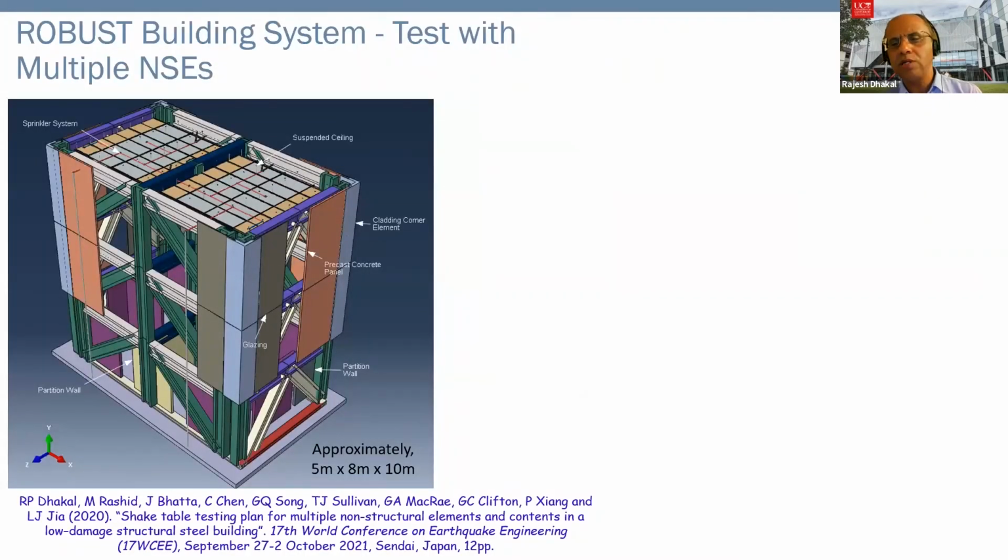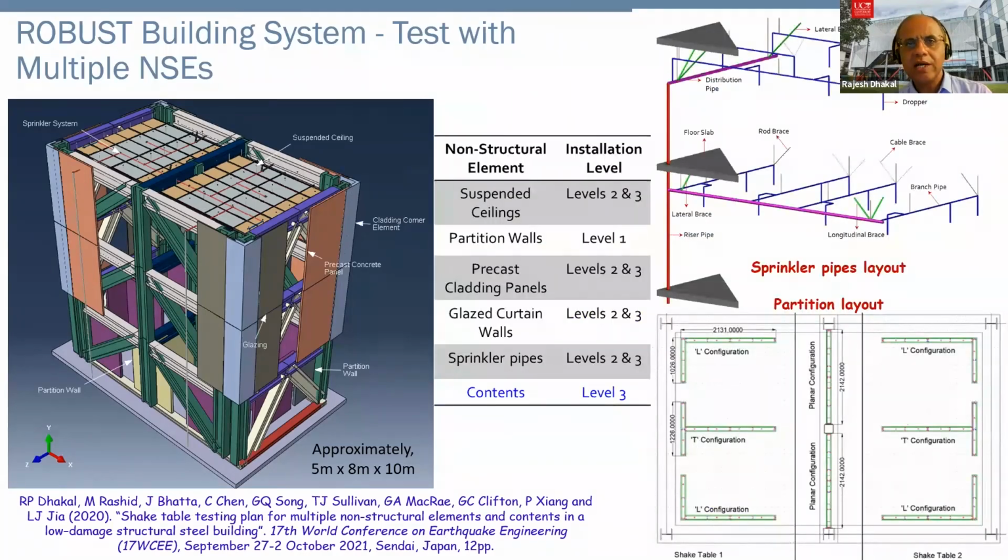And the final project that we are planning and that is ongoing is a 3-story building, a full-scale building test. You can see the size there, 5 meters by 8 meters on plan and 10 meters in height, so 3-story full scale. It has multiple non-structural elements attached to the building.